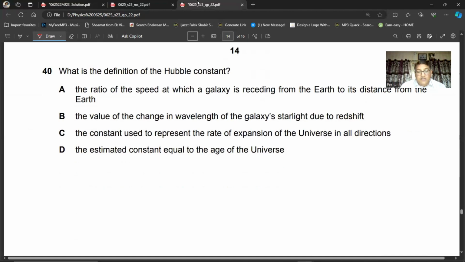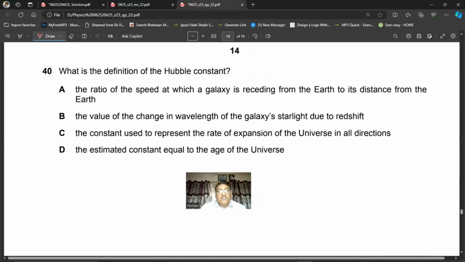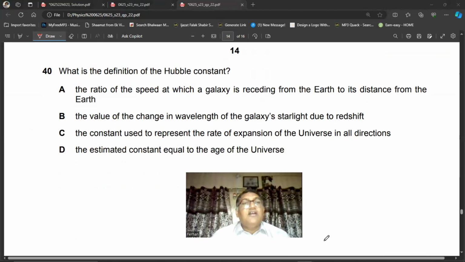And then we have question number 40. He says, what is the definition of the Hubble constant? You remember the Hubble constant, which is represented with the H naught, and its unit is 1 by second.